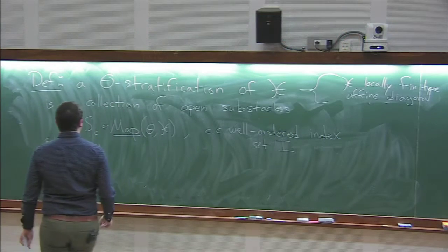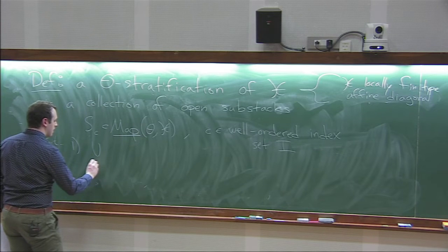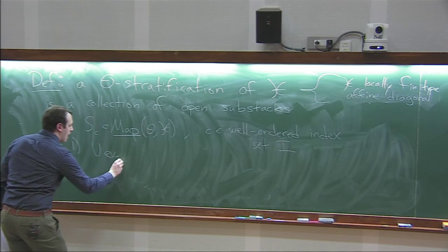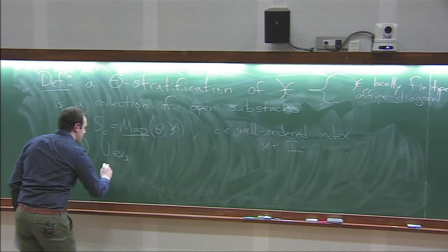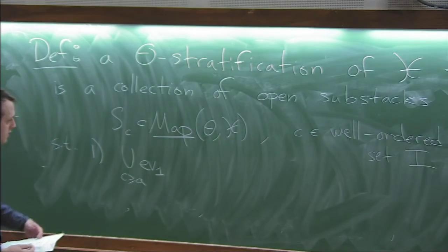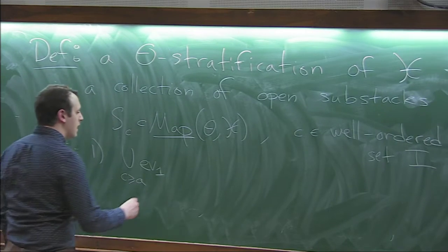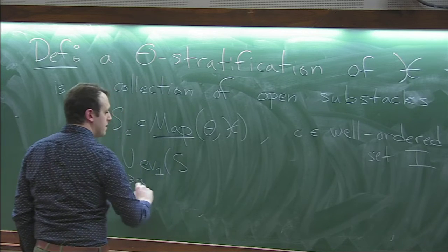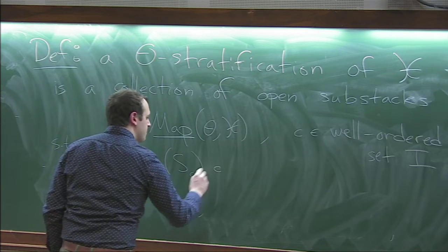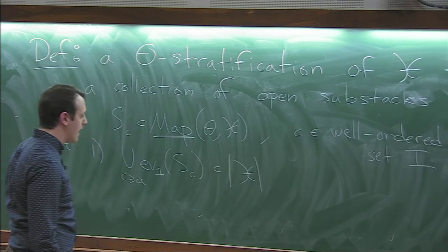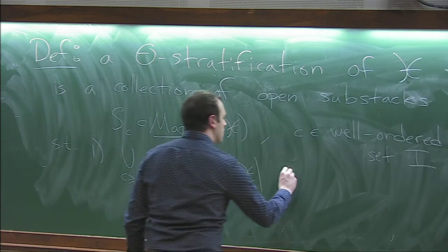Okay, so I can take this evaluation map, evaluate at 1. In other words, if I take the strata S_C for C greater than or equal to something, the image under these filtrations of C lives inside what's called the underlying topological space of X, and this should be closed.